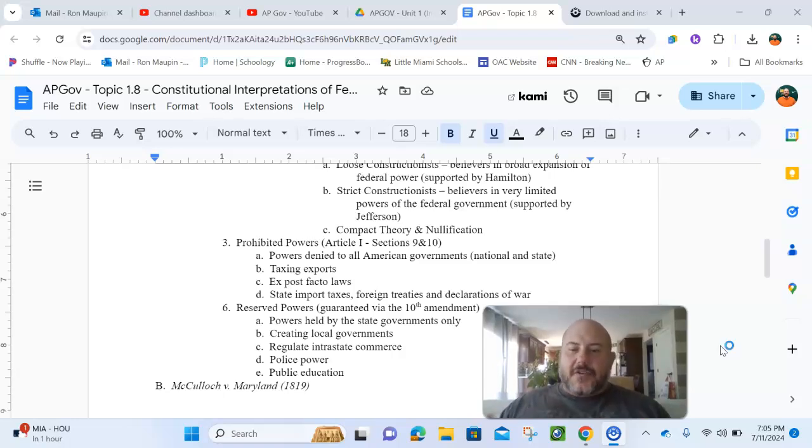Now, as we'll talk about in other videos, over time, what is interstate commerce has been very broadly interpreted. So in reality, there's very little of what we would call true intrastate commerce as far as the courts are concerned. So, short of something really unusual, assume that when we're talking about commerce, the federal government is going to have the ultimate authority in regulating it.